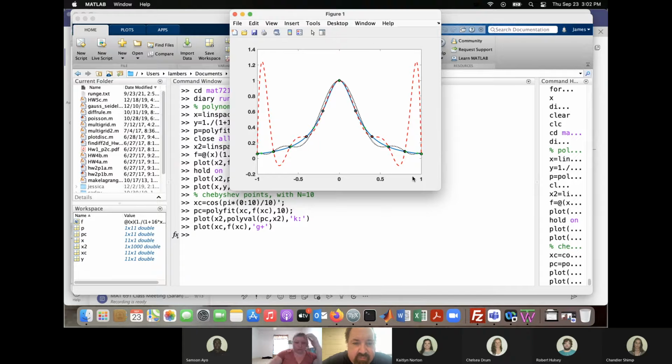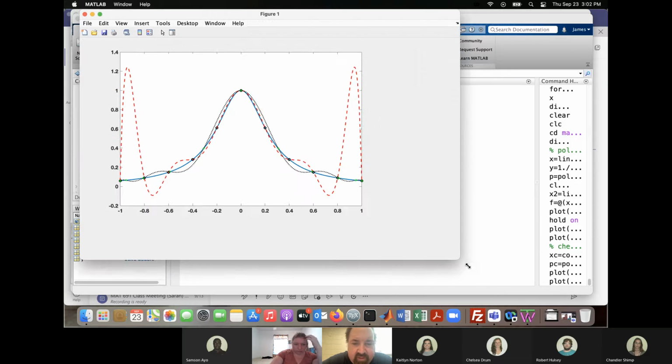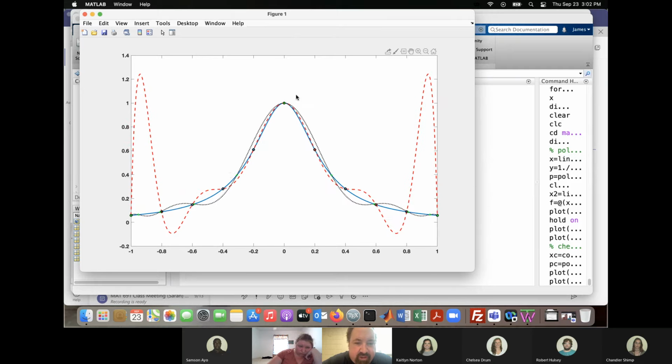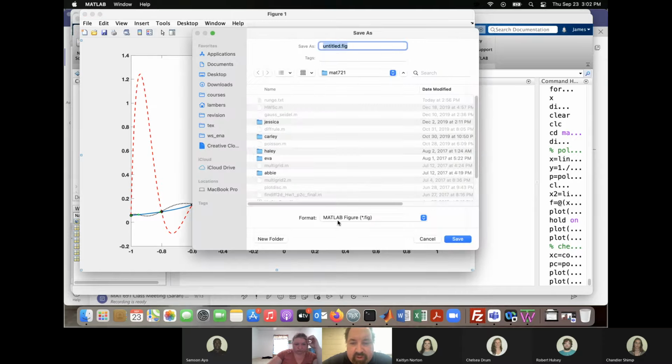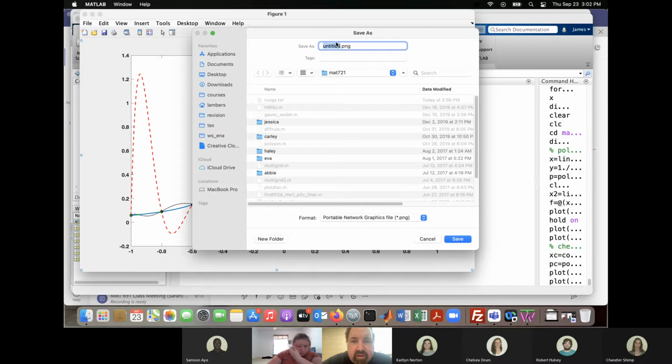I'm going to try to delete some. Well, first I can make this bigger. Because black circles, those are equally spaced. Actually, I'm going to save this so I can post it in Canvas later.